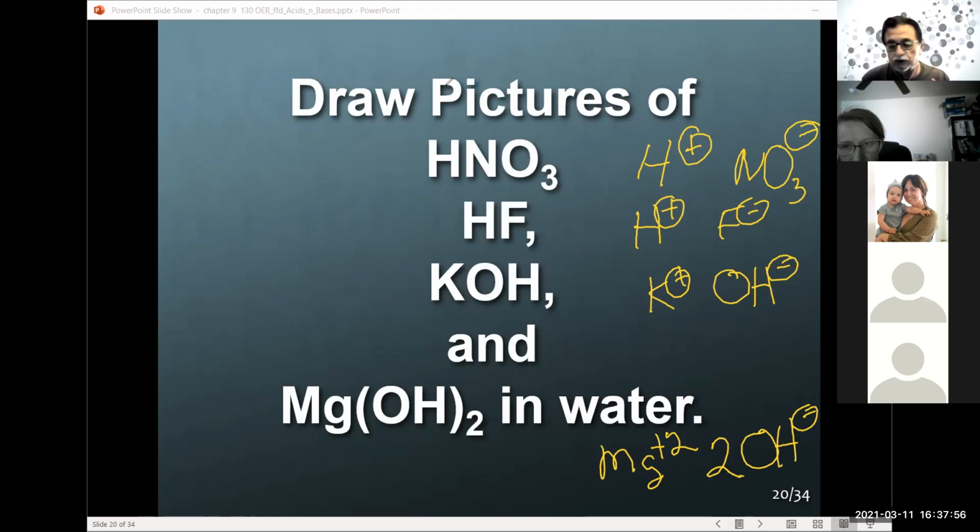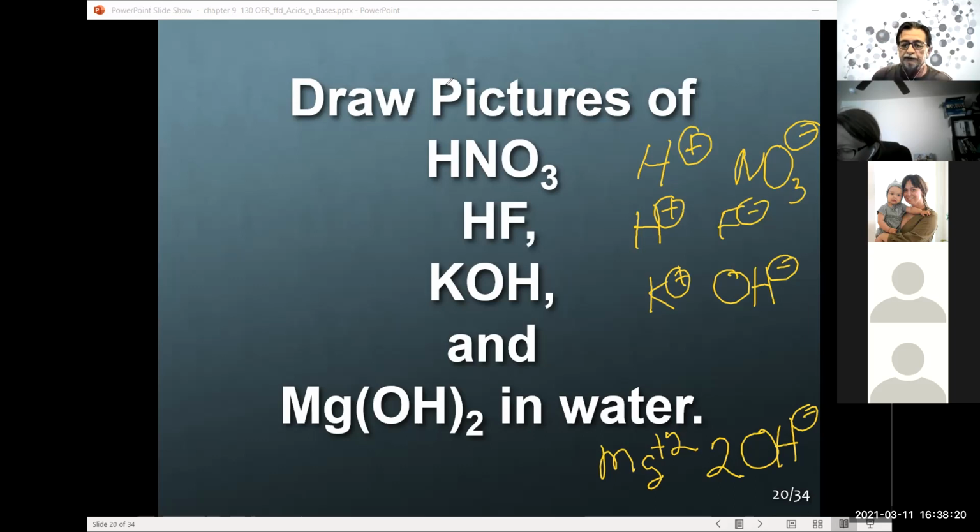Now the next step, we've been talking about strong acids, weak acids. I've been talking about strong bases, weak bases. Now what we meant by strong was the fact that they either completely dissociated or maybe only about 5 or 6% have not dissociated. Dissociating means that they break apart, okay?